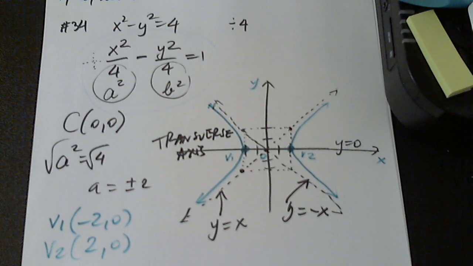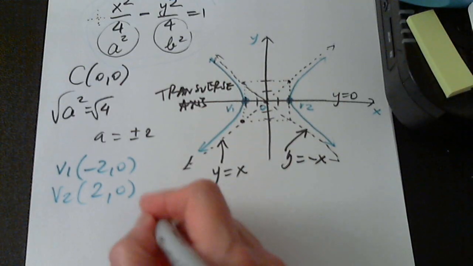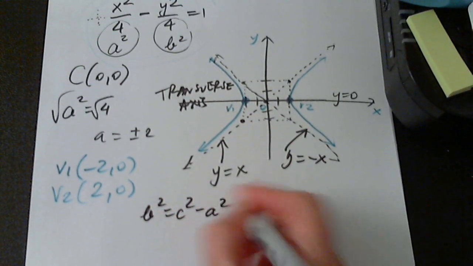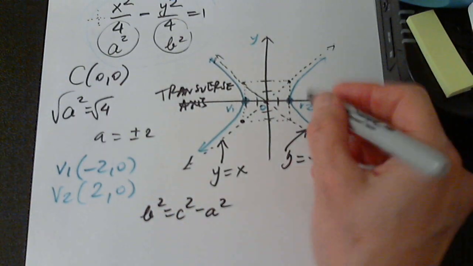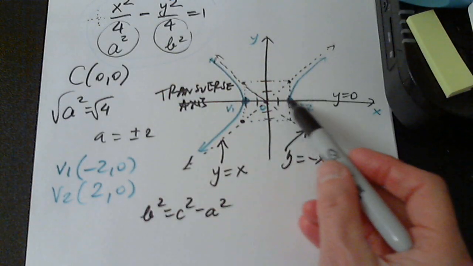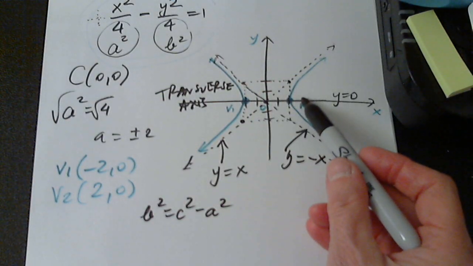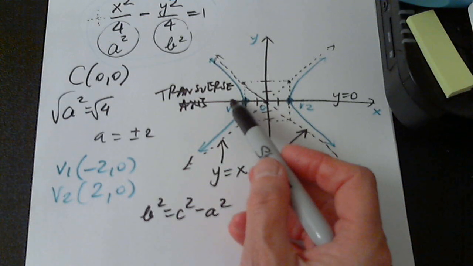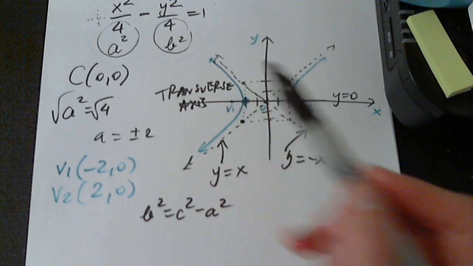But now c is longer than a. So that's why we have b squared equals c squared minus a squared, and c will give us this distance to F2, or the negative portion, this distance to F1.